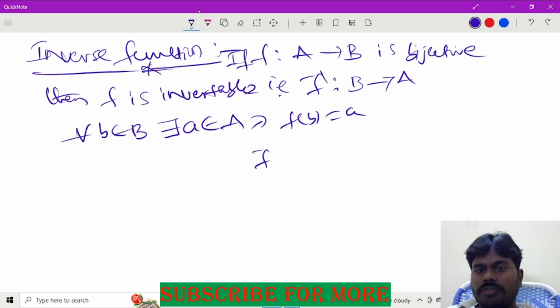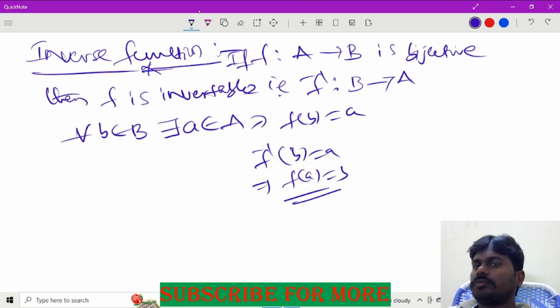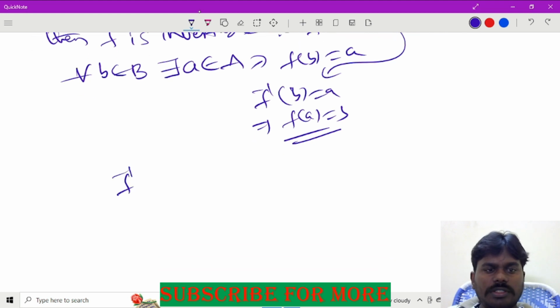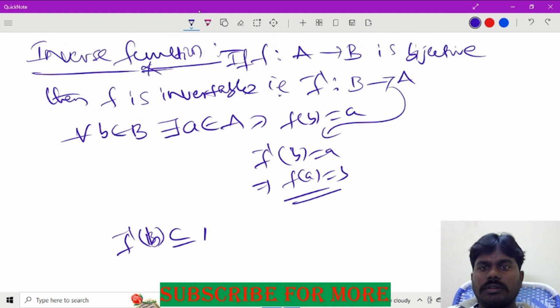Here f inverse of b is equal to a means f of a is equal to b, according to this. So f inverse of B is always a subset of the set A. Okay, so this is about the inverse function.